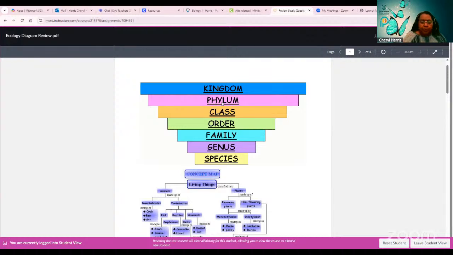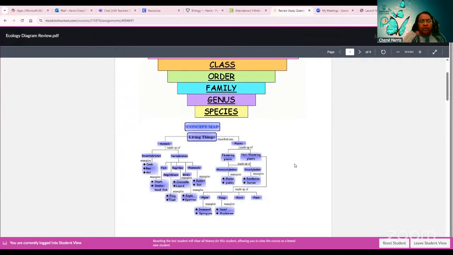Okay? All right, so let's look at this other concept map. Now we're looking at just 2 of the kingdoms. There are 5 kingdoms. This one shows the animal kingdom and the plant kingdom, way back when they only divided things into plants and animals.